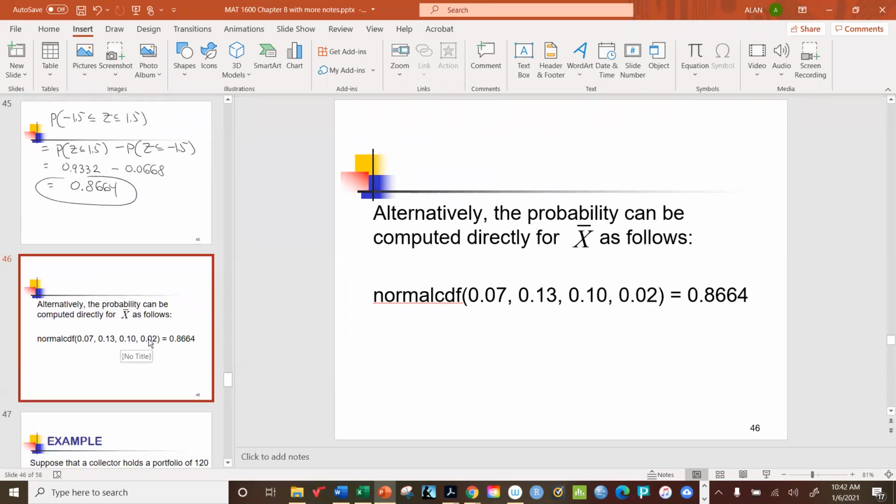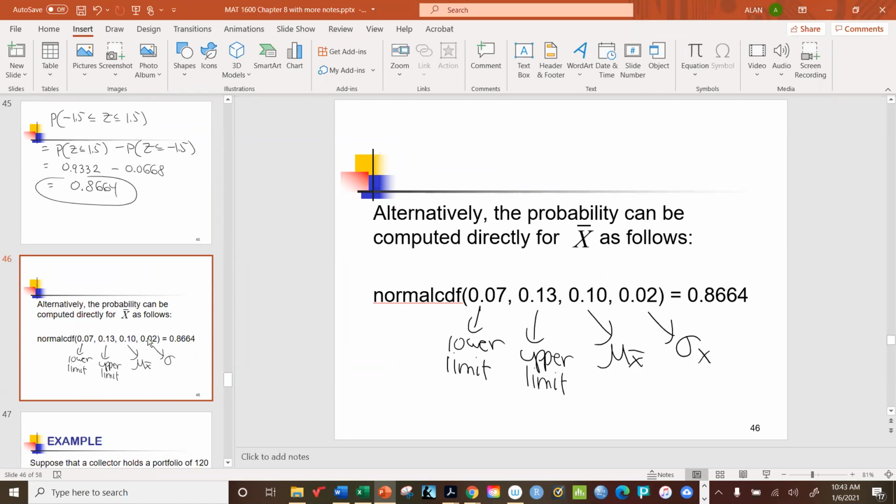But once again, if you just leave the data in its original form, this is, of course, our lower limit. This is our upper limit. This is mu x bar. This is sigma x bar. And that's our final answer.